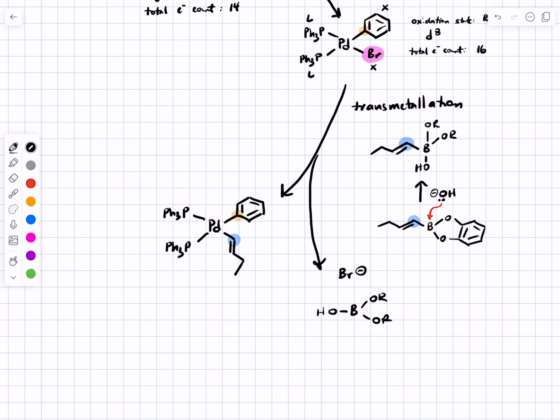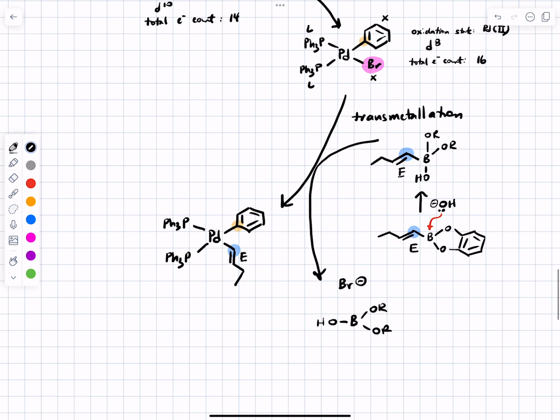Mechanistically, what's going on is you're replacing the X-type ligand Br on the palladium with the X-type ligand vinyl carbon still attached to the palladium. Stereochemistry is preserved. It was E before, it is still E afterwards.